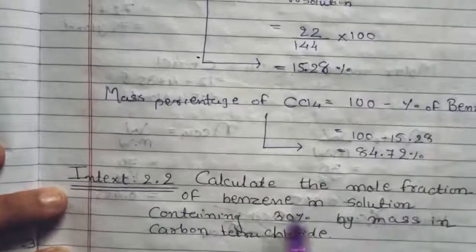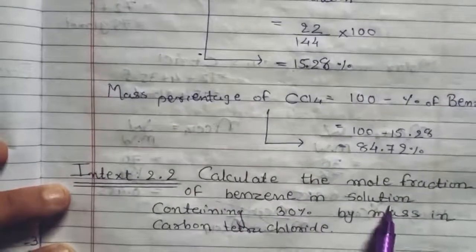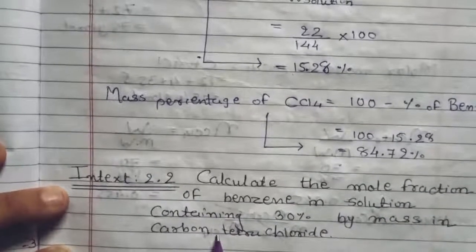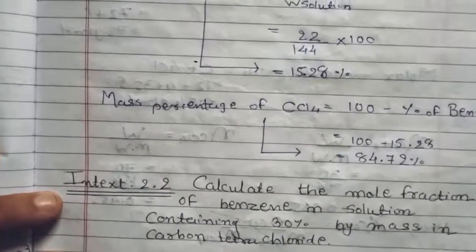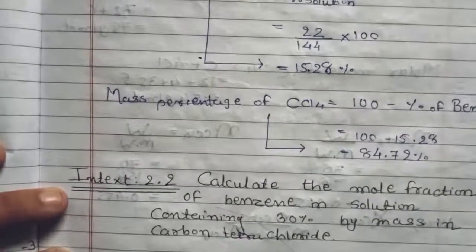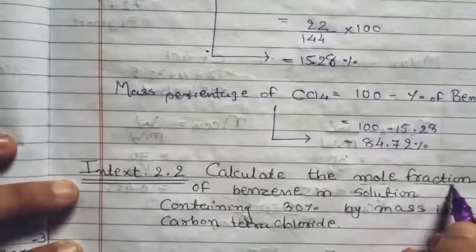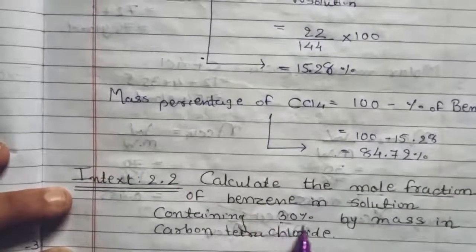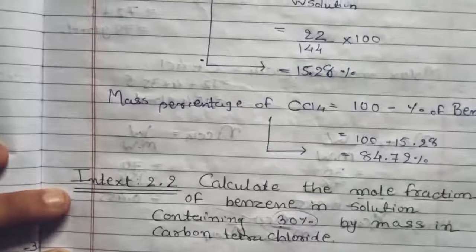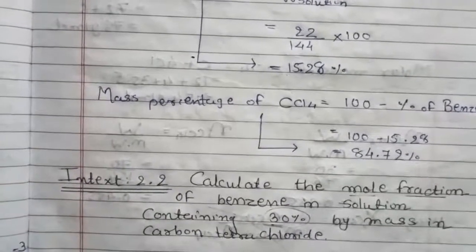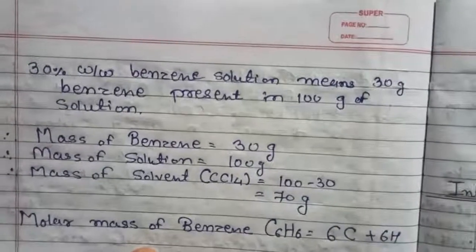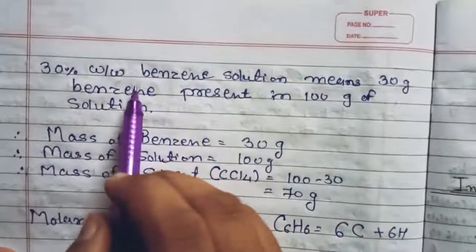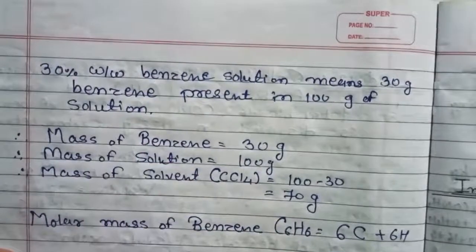Okay. Now see the next question, 2.2. Calculate the mole fraction of benzene in solution containing 30% by mass in carbon tetrachloride. First of all, we write the meaning of that 30% solution of benzene, after that we solve our numerical.